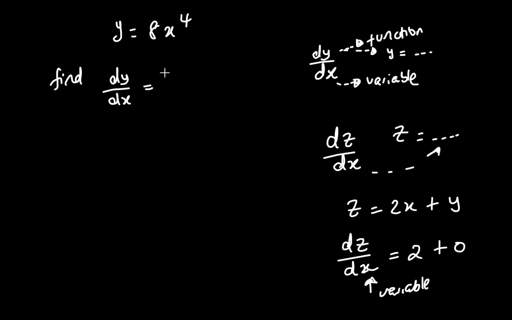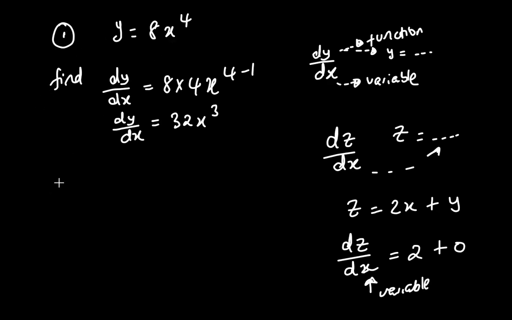Remember, you are still applying your rules, so you say 8 times 4, and then x to the power 4 minus 1. So 8 times 4, 8, 16, 24, 32. That would be 32x to the power 3. Then this would be your dy over dx. Alright, that was example number 1 on this type.